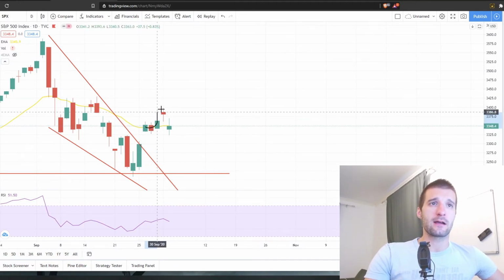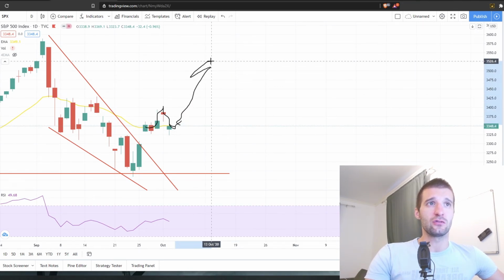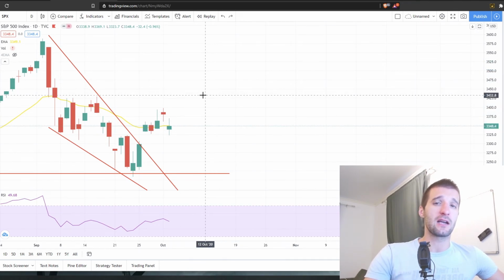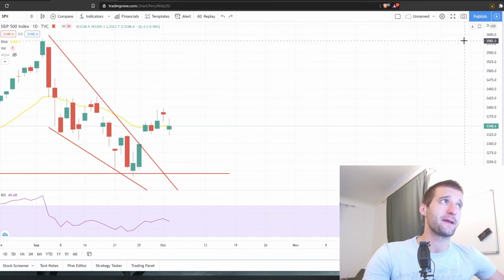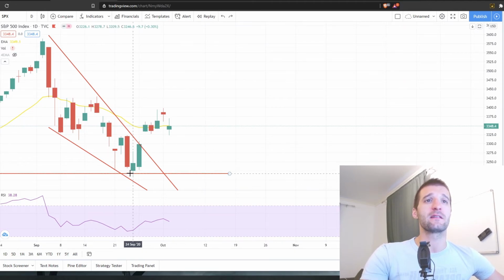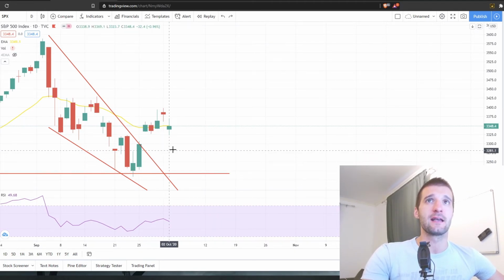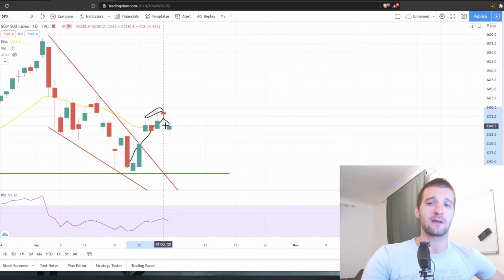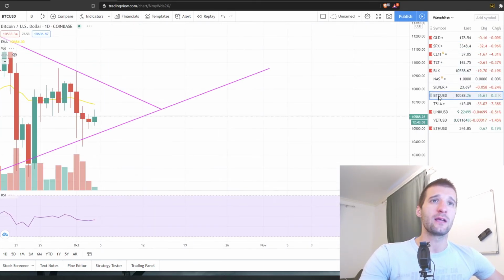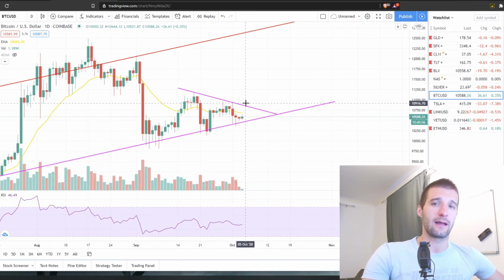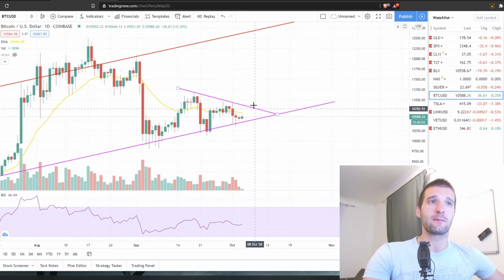If the S&P 500 finds a level of support on the 20 EMA tomorrow or the day after and shoots right back to the upside, we're going to see how Bitcoin will react, because in the previous video where we discussed technical analysis, we saw that in the previous 7 to 8 days the S&P 500 rallied to the upside from this falling wedge formation, while on the Bitcoin side we could see non-correlated movements in this pattern.